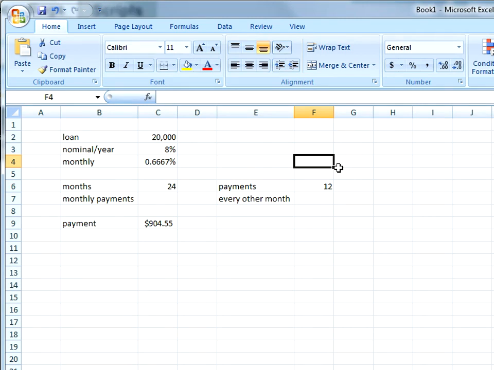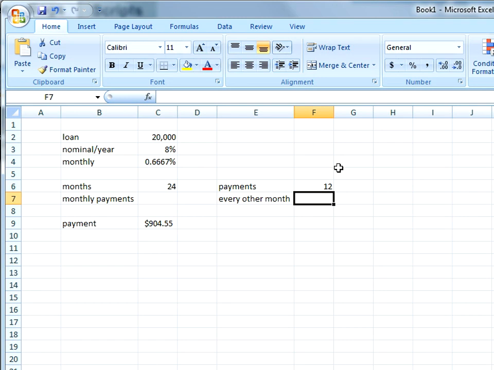Because the rate that you use in each one of these formulas, P given A, P given F, etc., is the compounding rate from period to period. And in the case of annuities, that would be from annuity to annuity. So if we want to be able to use P given A, we need to compute the effective interest rate for every 2 months.